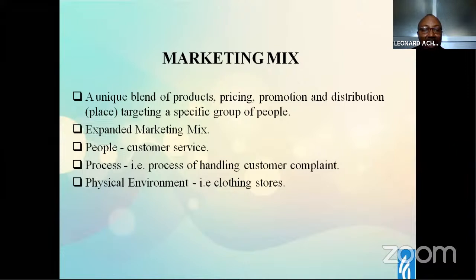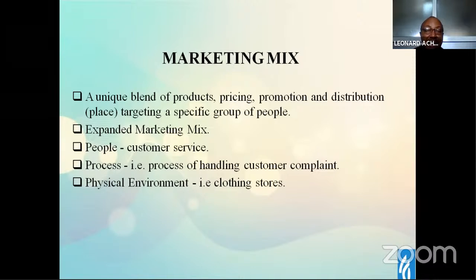The people talks about customer service, process is how to handle customers' complaints, and physical environment is the business premises and the likes. All of this helps you to effectively present your products in the hands of your target customers or target market.